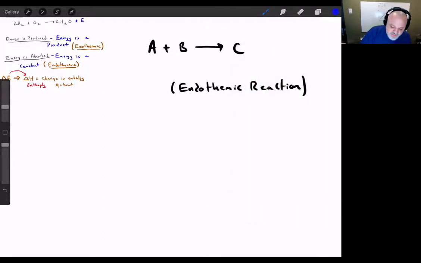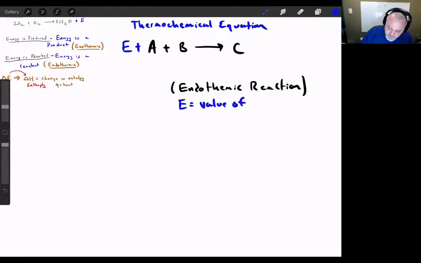And so the thermochemical equation that represents this would have the actual value of energy absorbed.